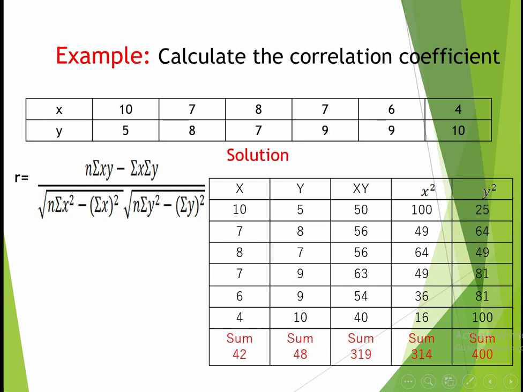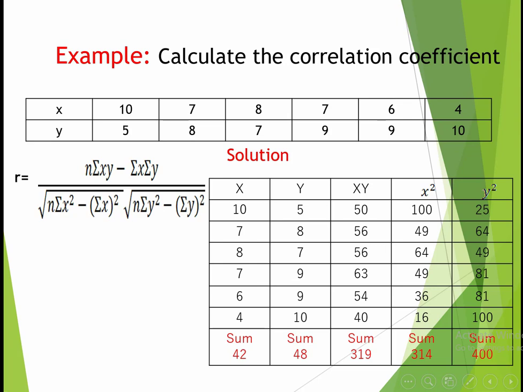And sum. X squared: 10 squared, 100, 7 squared, 49, 8 squared, 64, 7 squared, 49, 6 squared, 4 squared. And then the square of each value in the y column: 5 squared, 8 squared, 7 squared, 9 squared, 9 squared, 10 squared, and then the sum.